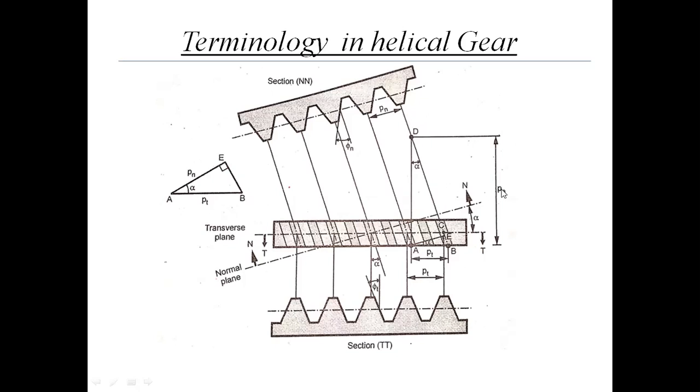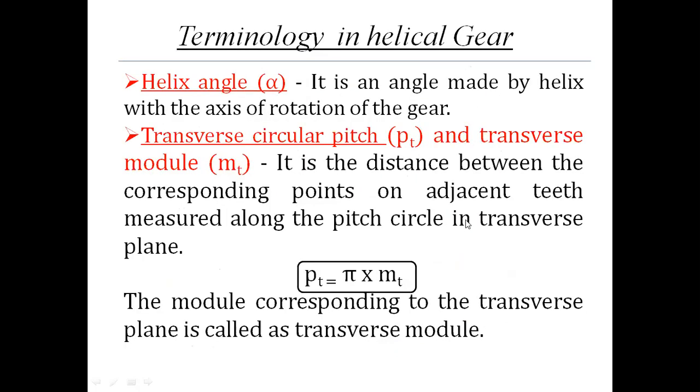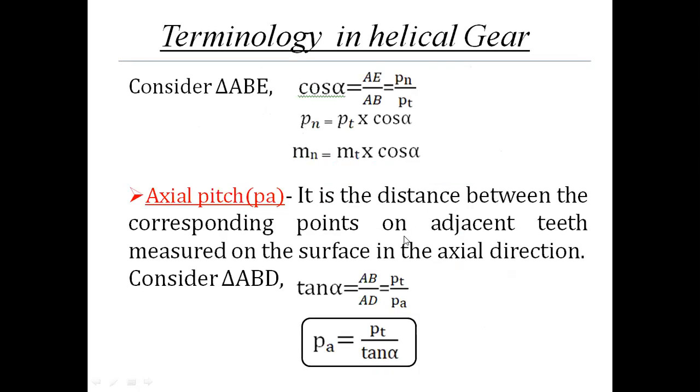That is PA, and AB is PT. So tan alpha is equal to PT upon PA. So axial pitch PA is equal to transverse pitch divided by tan alpha. Remember this: axial pitch is equal to transverse pitch divided by tan alpha.